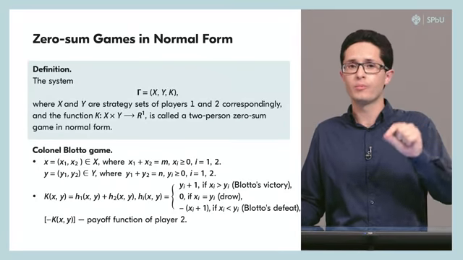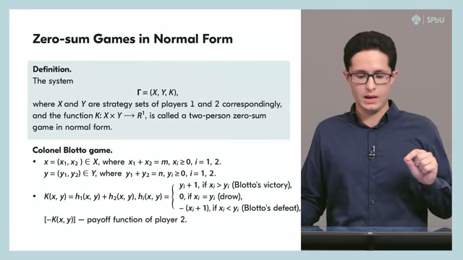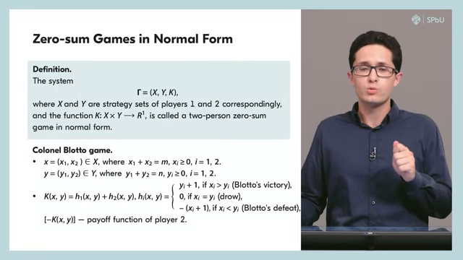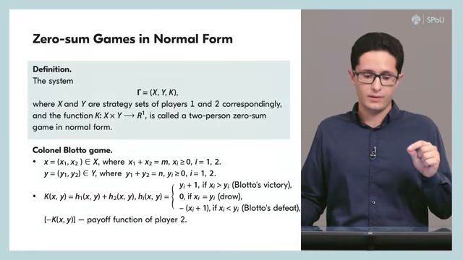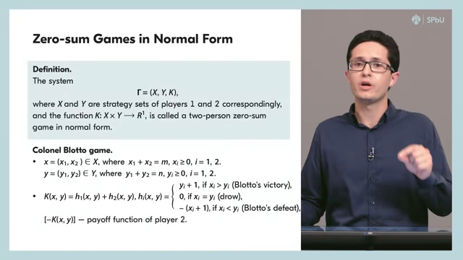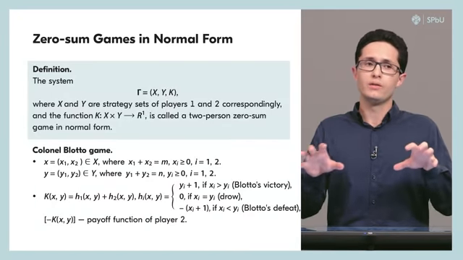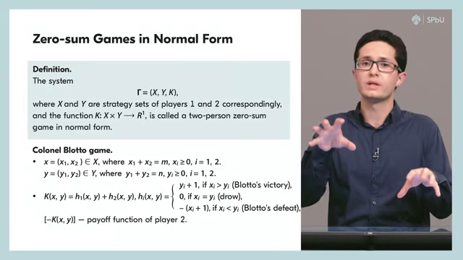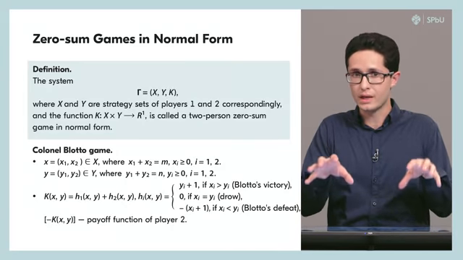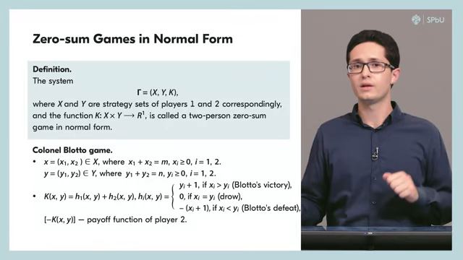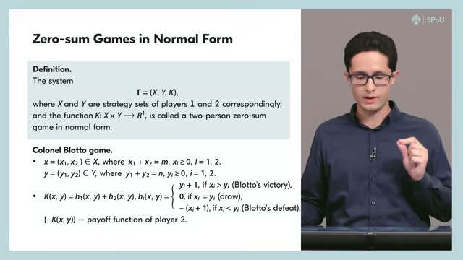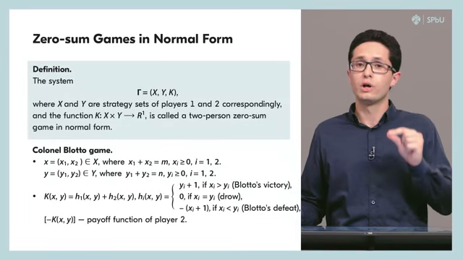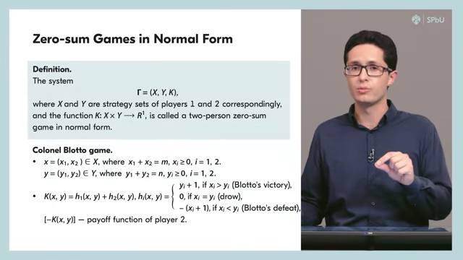so the number of regiments of his opponent plus 1. In case when xi is equal to yi, Colonel Blotto receives a payoff equal to 0. So when the number of regiments of Colonel Blotto and his opponent on battlefield i is equal, then nobody wins. The third option is when Colonel Blotto loses on a particular battlefield.